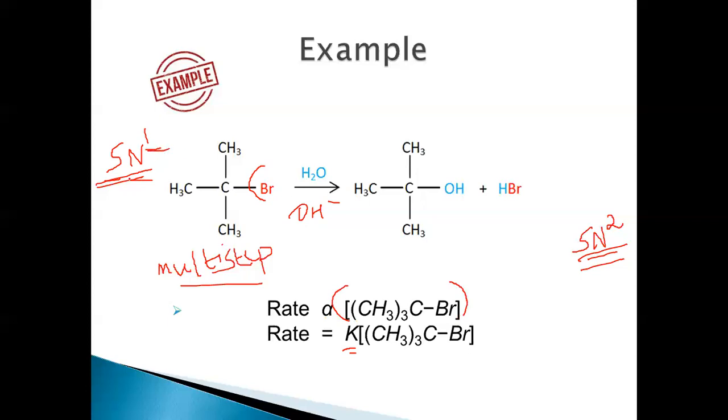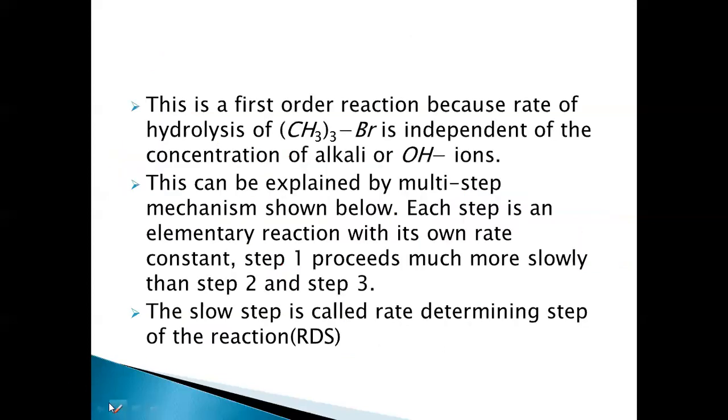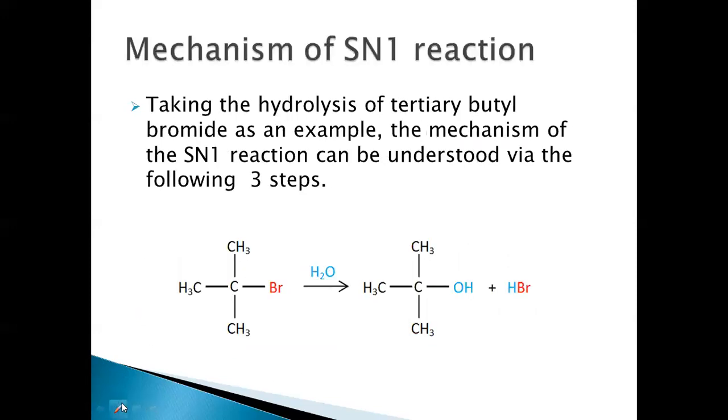So, substitution nucleophilic unimolecular. When you see the mechanism, it is independent of the concentration of OH minus, it is a multi-step reaction, and the slow step is the rate determining step of the reaction. And there are three steps involved in this mechanism.